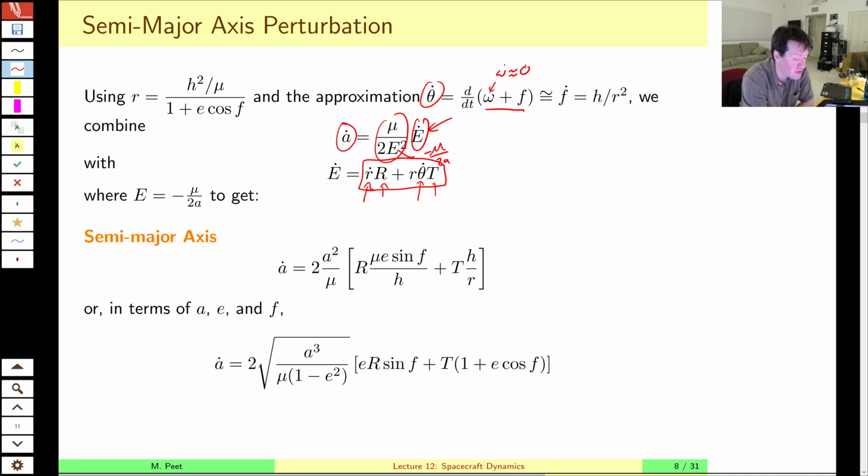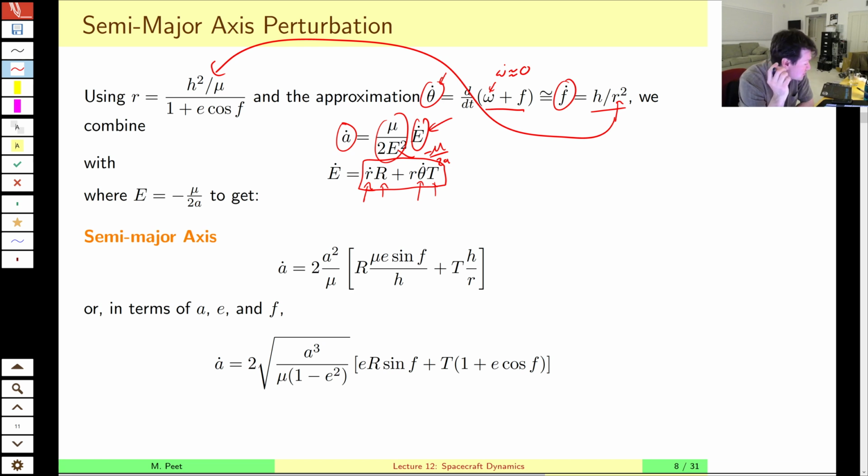And we're assuming quasi-elliptic motion, so theta dot is just F dot. F dot, as we remember from way back when, is H over R squared. This is Kepler's third law. So in R, of course, we can use that expression over there. So that gives us an expression for theta dot.